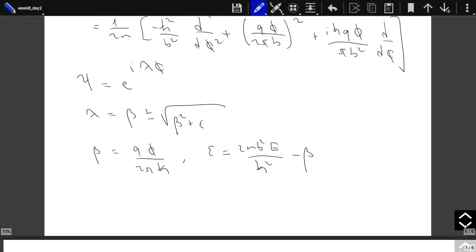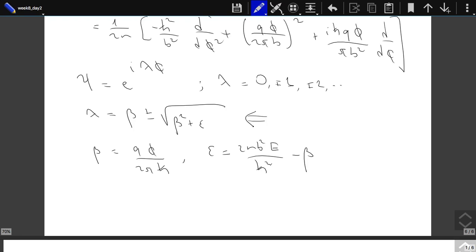Now there is one condition though. Phi is not unique. At a given point, phi can be 0, 2 pi, 4 pi, they all correspond to the same point, but the wave function should have a unique value at a given point. So that tells me that lambda should be an integer. But the value of lambda depends on energy.